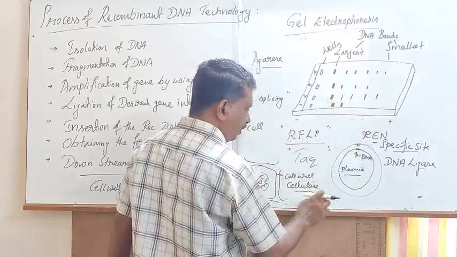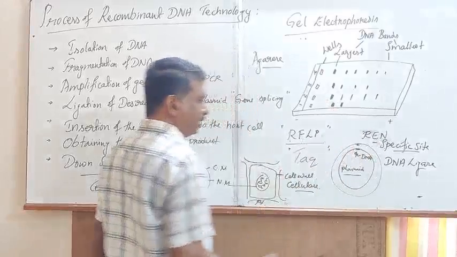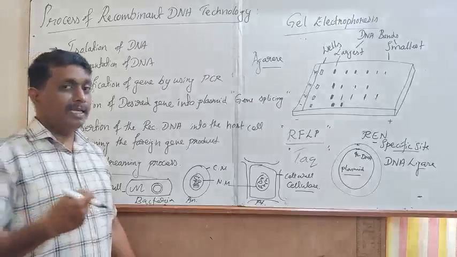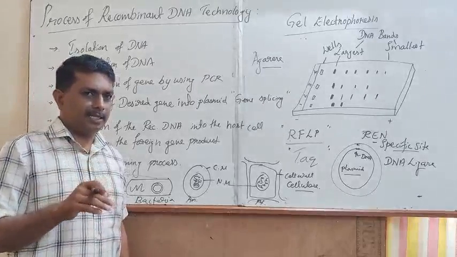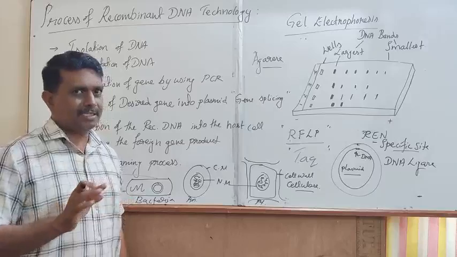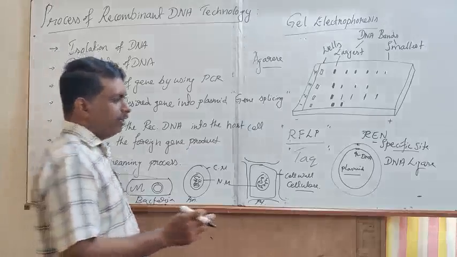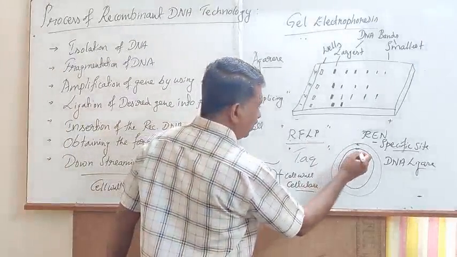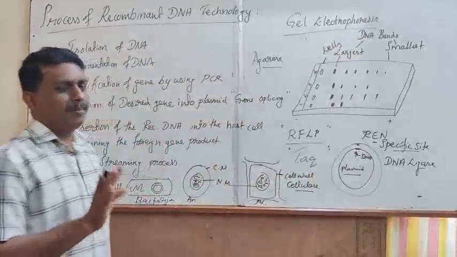To take part in the formation of recombinant DNA, it requires a key enzyme called DNA ligase. The enzyme DNA ligase is called the molecular glue enzyme, or molecular stitcher. With the formation of phosphodiester bond, the desired gene is incorporated into the plasmid.